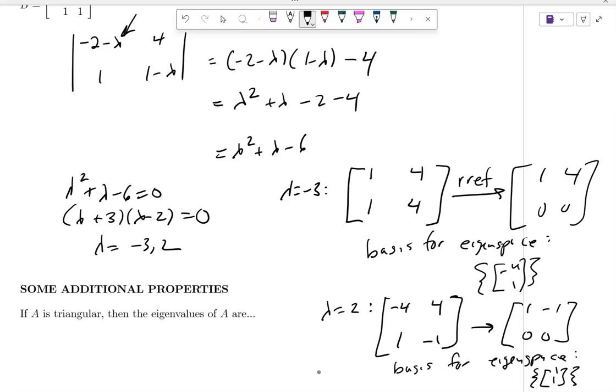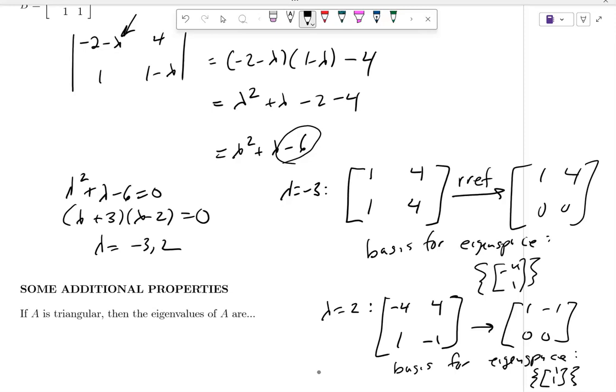The reduced row echelon form of what? The matrix. Well, if you do the reduced row echelon form of the matrix, you're going to get the identity matrix in this case. If I just put the original matrix in and do the reduced row echelon form, I know I'm going to get the identity matrix, because I said this is your determinant. If that's the determinant, it's not 0, so the matrix is invertible, so it'll row reduce down to the identity.